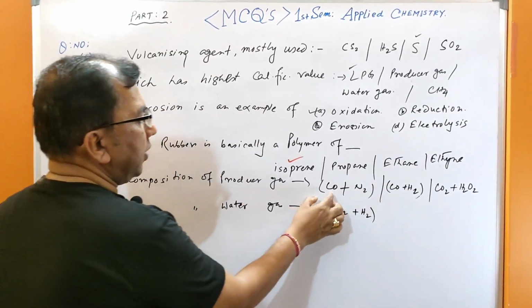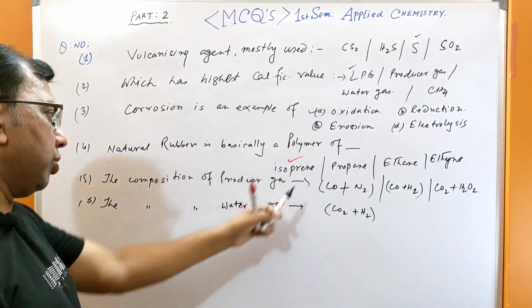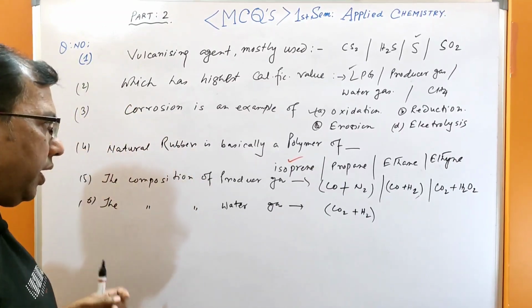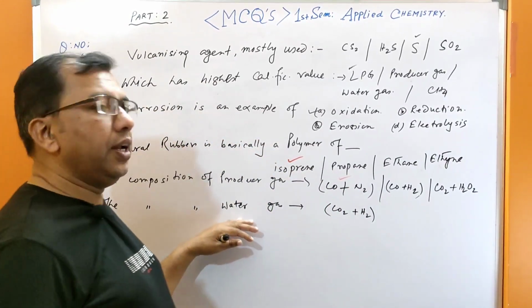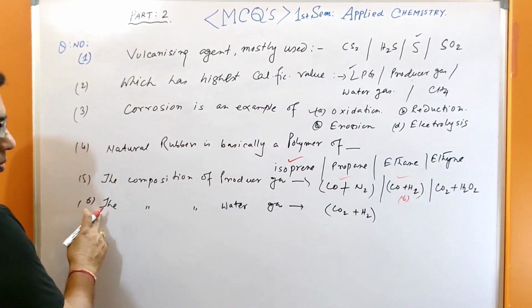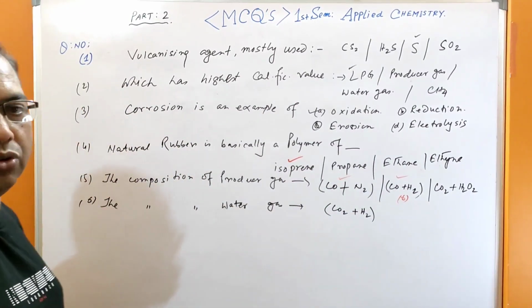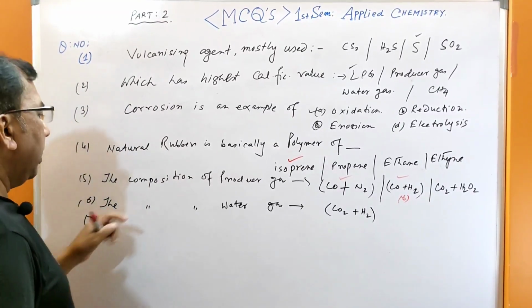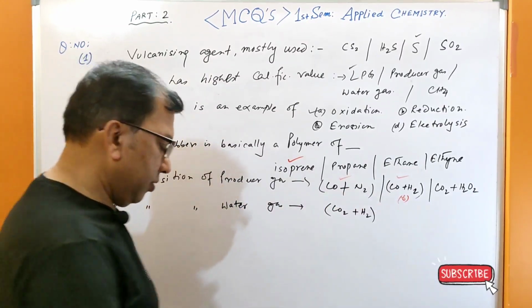The composition of producer gas: carbon monoxide and nitrogen. Water gas: carbon monoxide and hydrogen. This will be option 6. The answer of question number 5 is carbon monoxide, nitrogen, and question number 6 is carbon monoxide, hydrogen. We did both questions together. Clear. Again, composition of producer gas: carbon monoxide, nitrogen; composition of water gas: carbon monoxide, hydrogen. Clear.